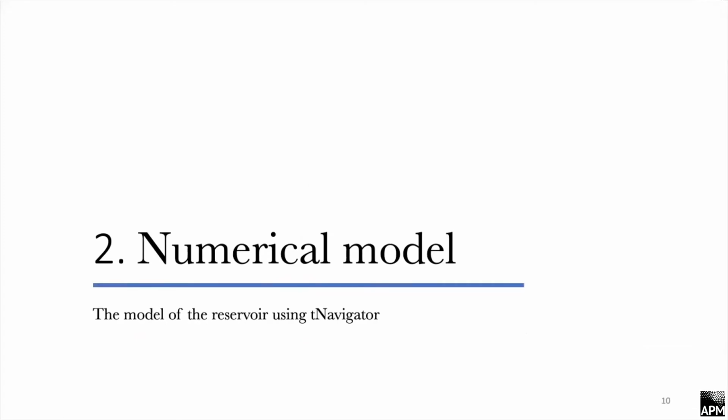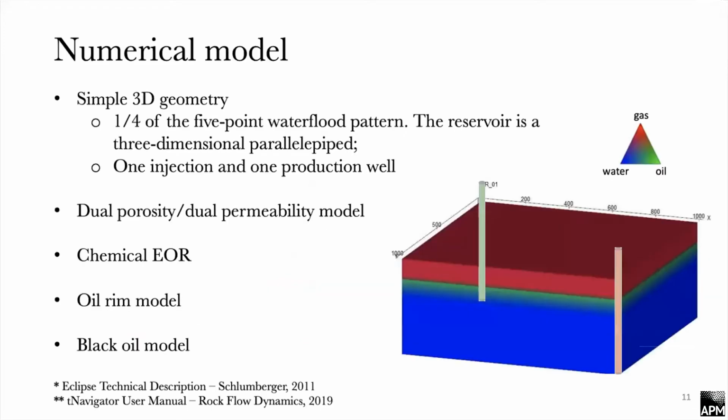And to achieve the goal, we built a very simple model using T-Navigator software. So we consider only a quarter of a 5-point water flood pattern, and we have only two wells for the beginning, one production and one injection well. We consider only chemical EORs for this moment, black oil model, and porosity and permeability model.